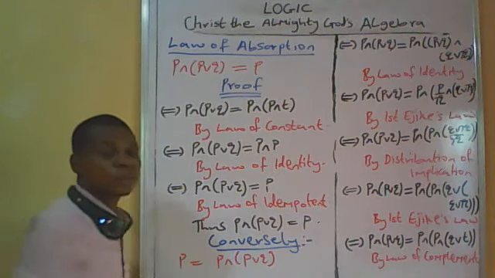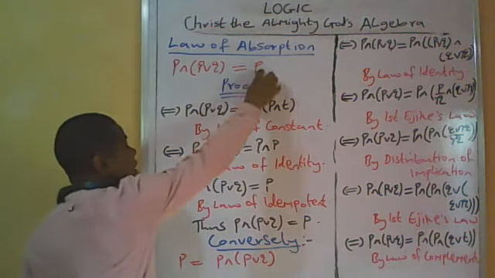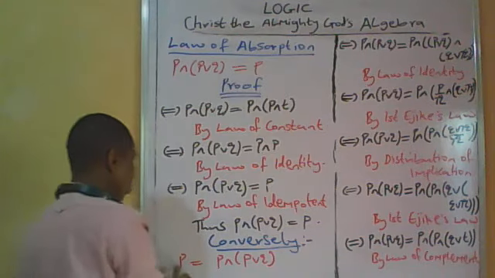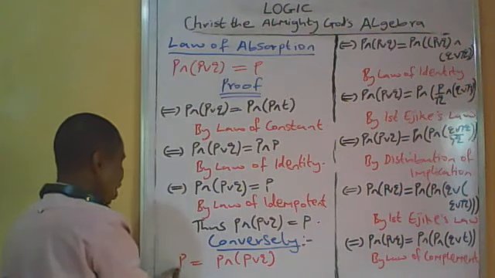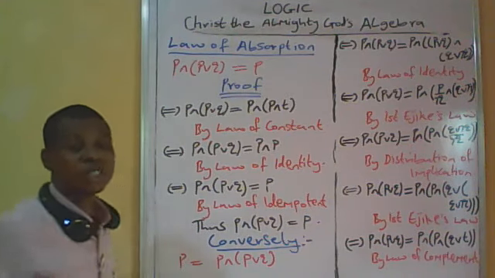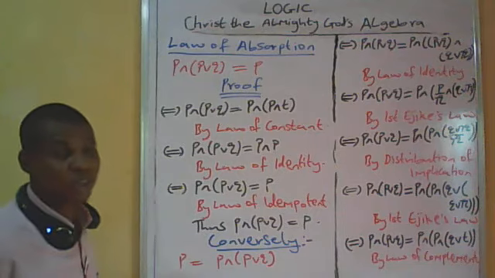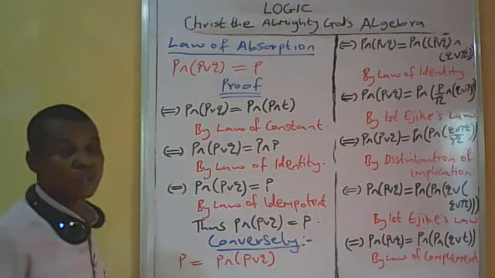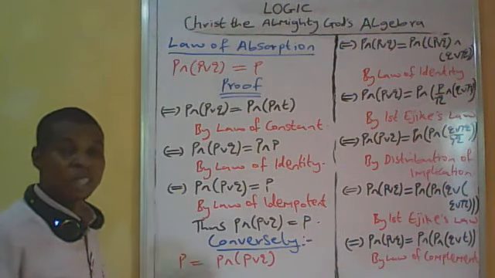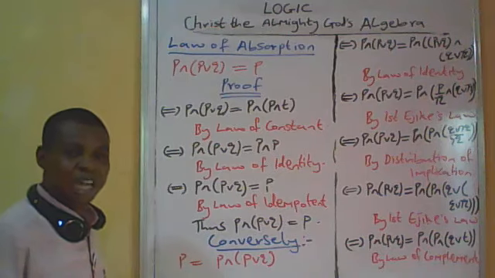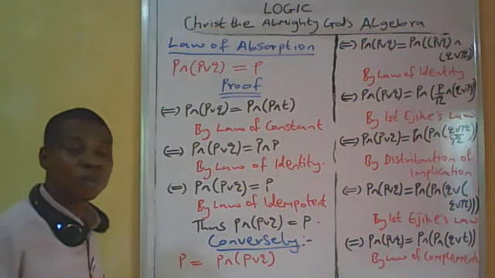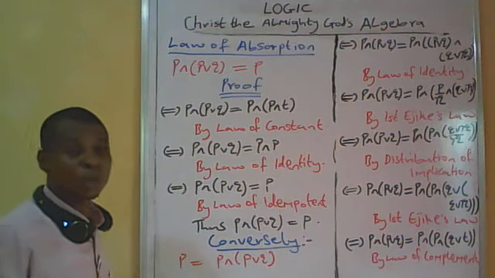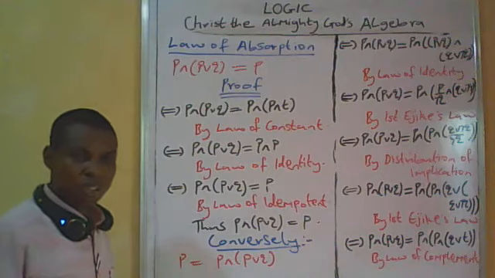P at the right side has now become P at the left side of the equation. You say that it is the converse. So we're going to prove the converse. By the principle of essentiality, we then establish that P and bracket P or Q is equal to P, which is the law of absorption by conjunctive statement.